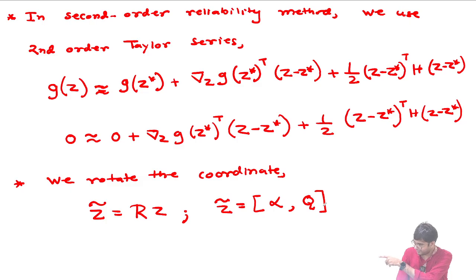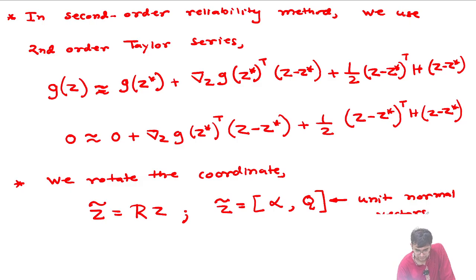Because that minus 1 is already there in alpha. If I write alpha and Q together, I will get k cross k. Right? So this is what we defined, and these are my unit normal vectors or the basis vectors.